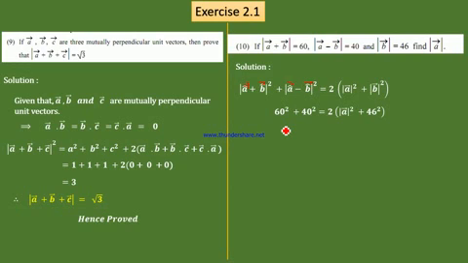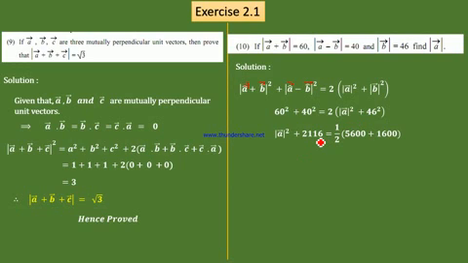Now 60 square, 40 square, you know how the values came. Next step, I'm just bringing the 2 into the right hand side, it will be 1 by 2. 60 square is 3600 and 40 square is 1600, and then keeping modulus of A square plus 46 square.